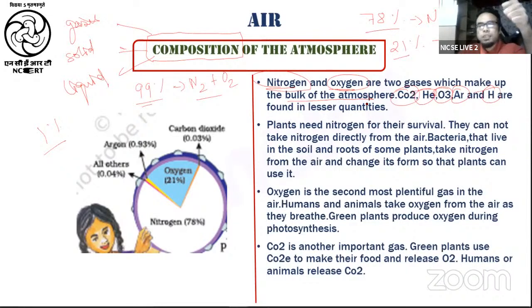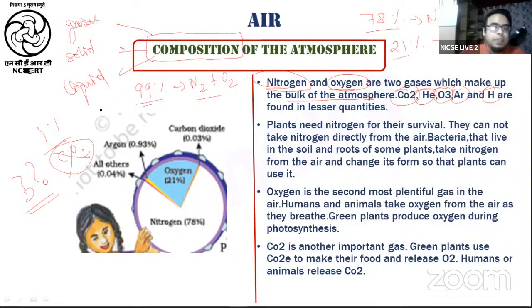So number one is nitrogen, number two is oxygen, and what is number three? What is number three? That is my question. Now most of the students make the mistake by calling the third ranked gas carbon dioxide, but this is not correct.